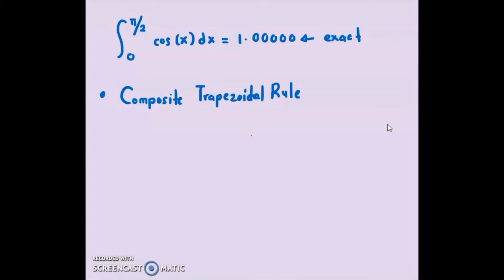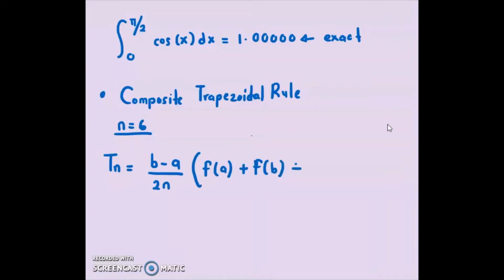Okay, so let's say I want to divide the interval into 6, so we want to use n equals 6. The composite trapezoidal rule is given as T_n equals b minus a over 2n times f of a plus f of b plus 2 times the summation from i equals 1 to n minus 1 of f of a plus ih.